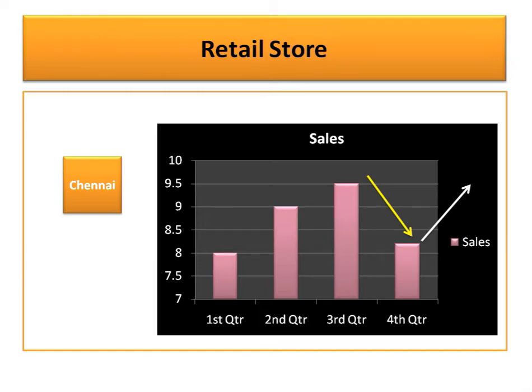Now we have discussed the Chennai location alone. So what happens when we compare the data between multiple locations? For example, the same retail store is running in Delhi. How do we compare the data between these two locations?